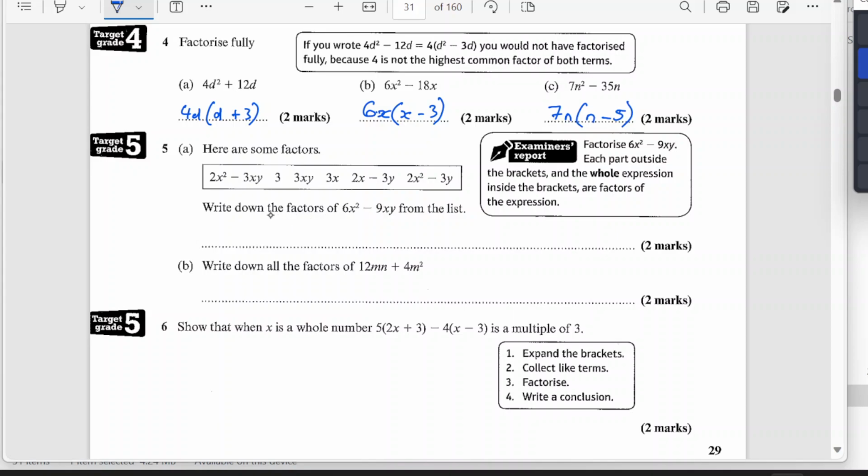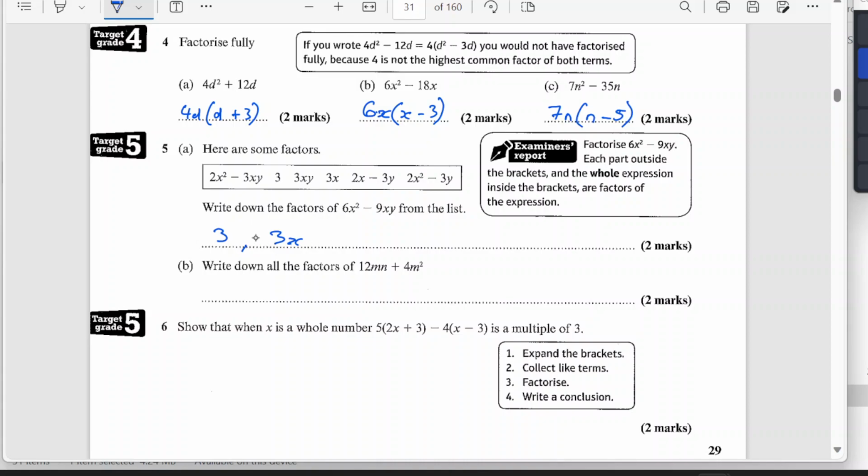So I'll do what we can take outside the bracket first of all, and it's not fully factorised. Anything that we could take outside the bracket would be 3. We could also take out 3x. And we couldn't take a 3xy because that's not common to both parts. So we could only take that out.